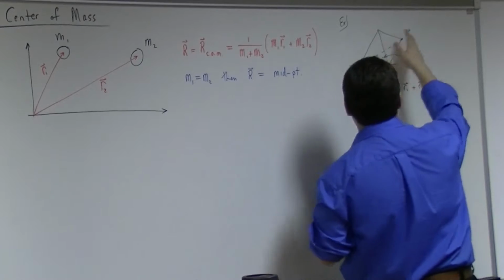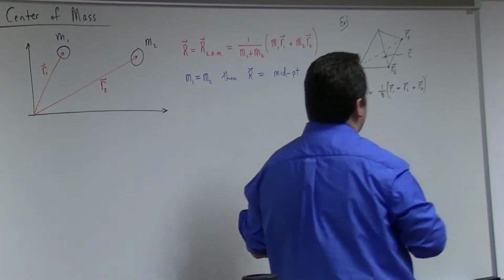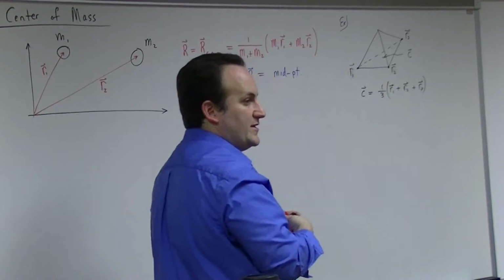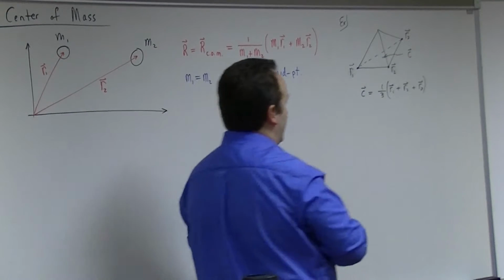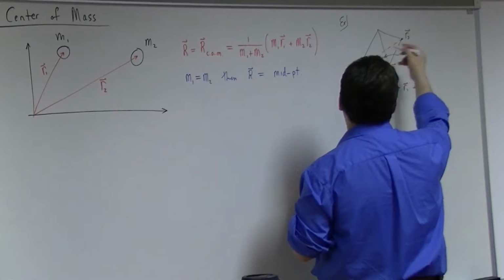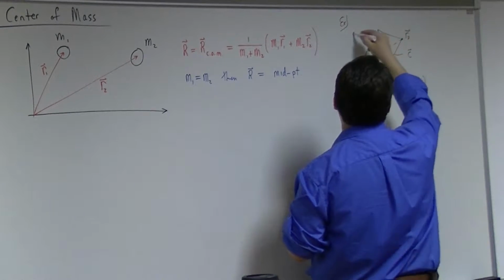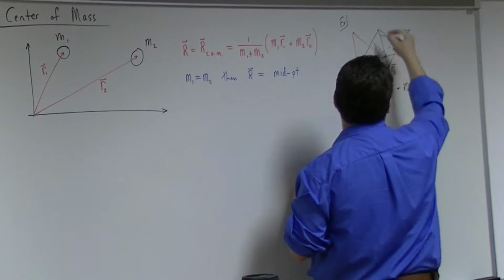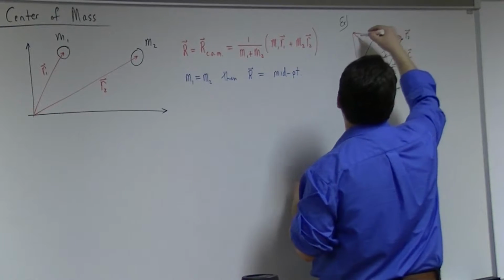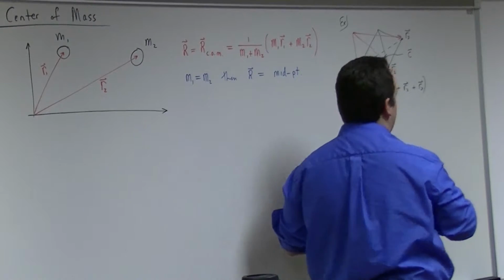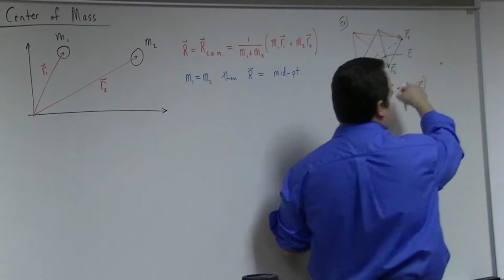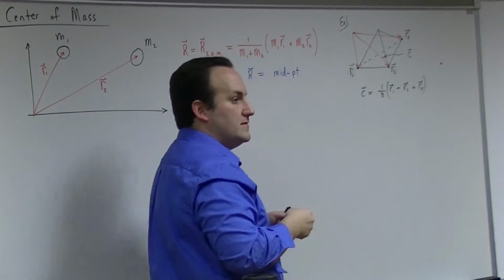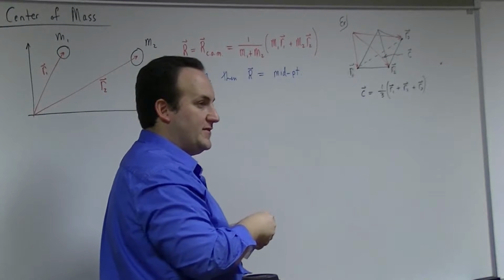Whatever I choose as the origin, this calculation is still true. Whether I base the vectors from here, or if I had the origin over here, it wouldn't change the fact that that's the center of the base of the tetrahedron.